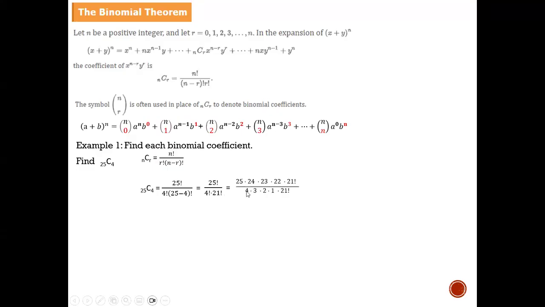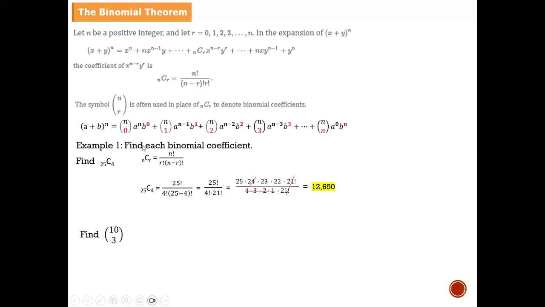On the bottom, 4 factorial is you multiply from 4 all the way down to 1, and then times the 21 factorial. If we're going to simplify like this, we can see that the 21 factorials cancel. 4 factorial is 24, so that cancels, and you can just multiply the rest. So that's one way to simplify that. Otherwise, we can put this in our calculators. 25 factorial divided by, in parentheses, 4 factorial times 21 factorial at the bottom.